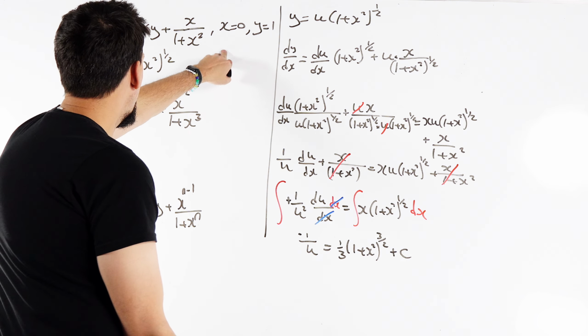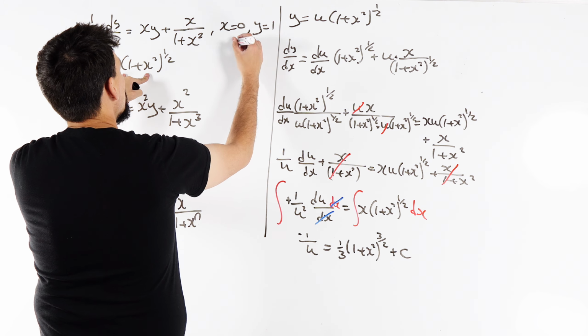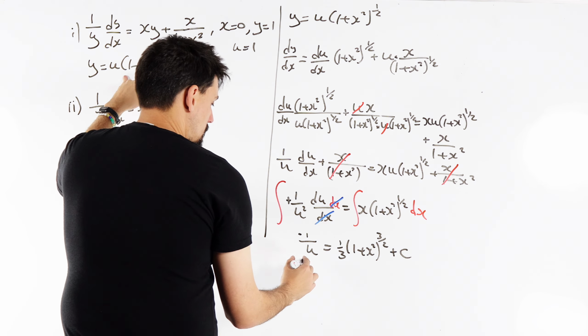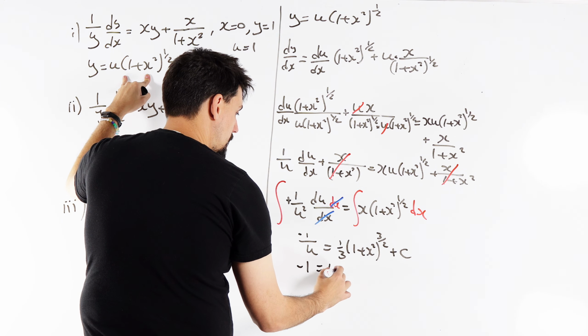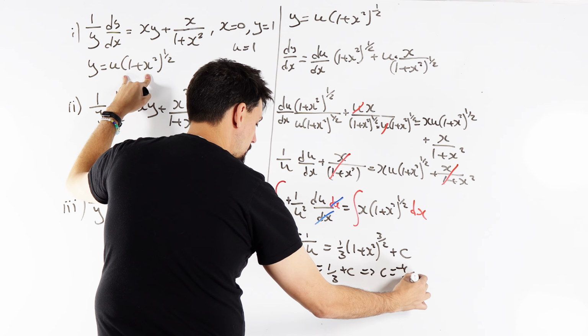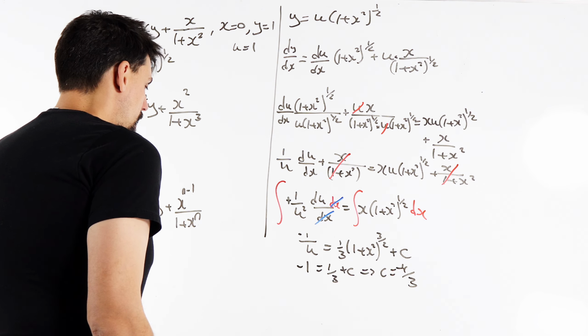When x is 0, y is 1, that means that u is 1 as well. So minus 1 is 1/3 plus c, which tells me that c is minus 4/3.